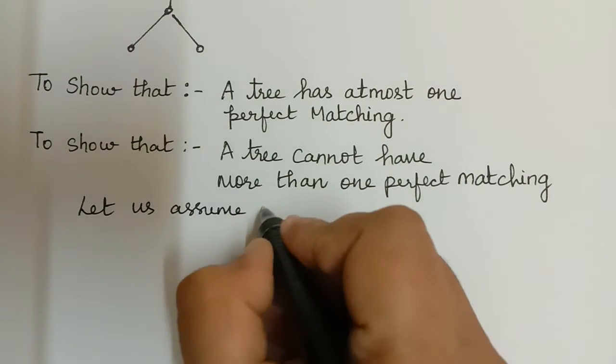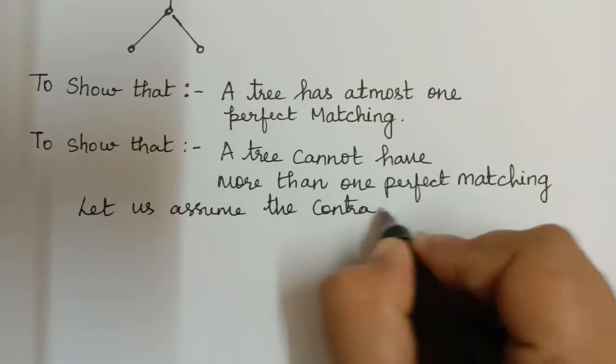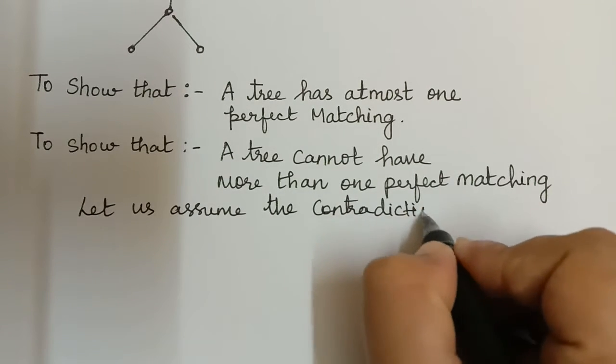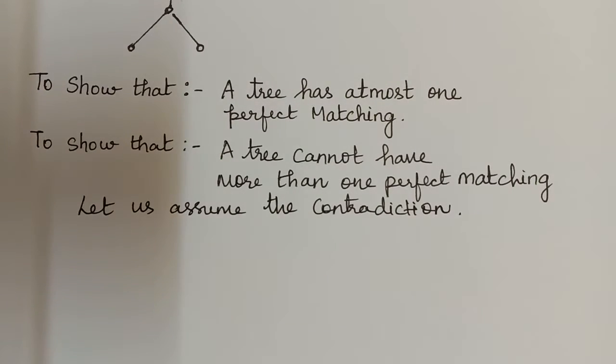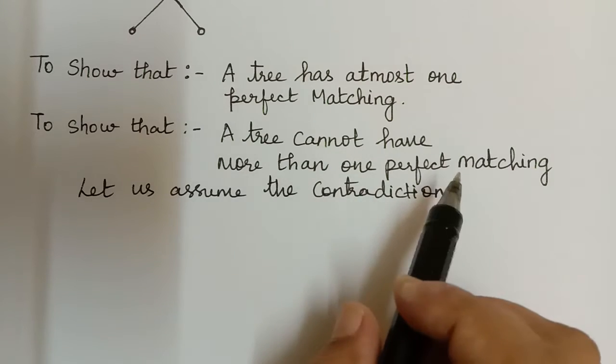So what will be the contradiction? We have to assume that a tree has two perfect matchings.